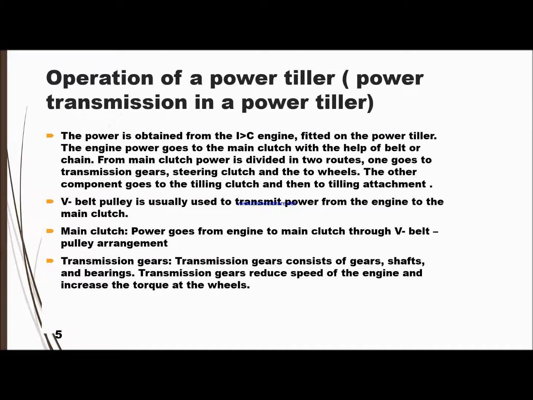Moving to the next slide, the operation of the power tiller. The power is obtained from the engine. After the engine, the power is transmitted to the V-belt pulley, and there is also a simple clutch system that goes from the engine to the main clutch to the V-belt. We have a transmission gear, which is a simple transmission with a set of gears, shafts, and bearings to transmit the power to the other implements.